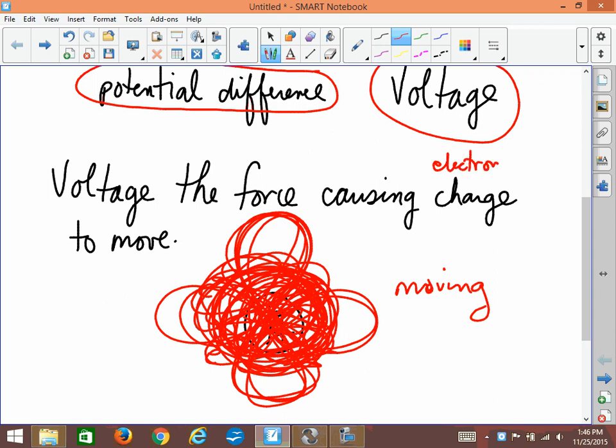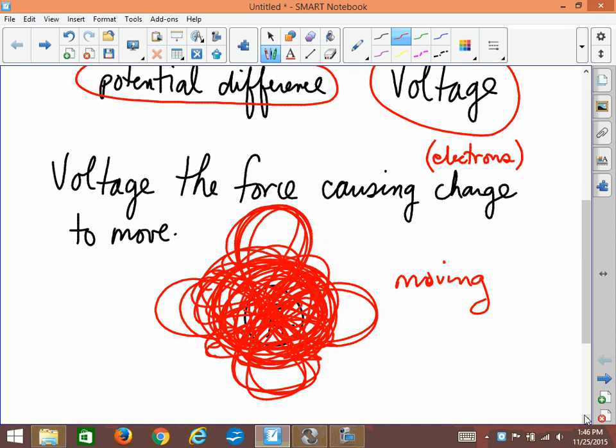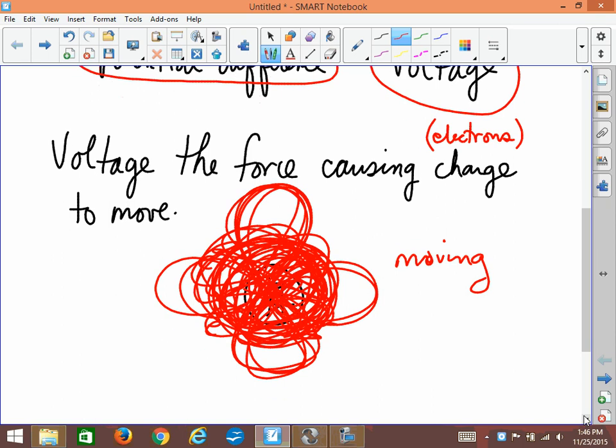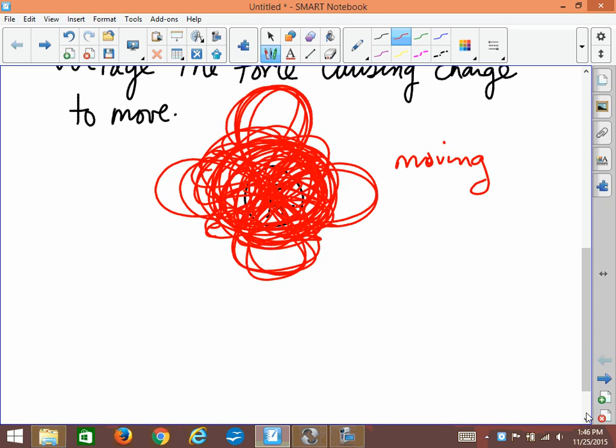Now, I'm being a little bit general, because this is an introduction to electricity. In the future, you may come across something that is not an electron and moves. But for simplicity, we're just going to pretend for now that only the electrons move, in terms of atoms, anyway.